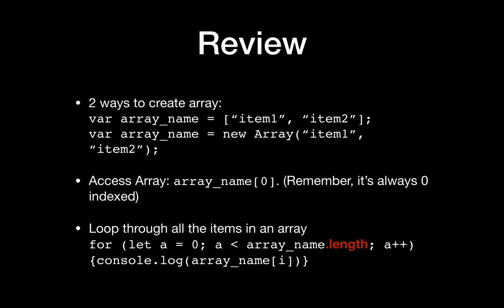Note that dot length, in bold red, is a property, which I'm going to go over in just a little bit. Then a plus plus, and for that, console.log array name a. Essentially, it loops through all the items in an array and prints them on the console.